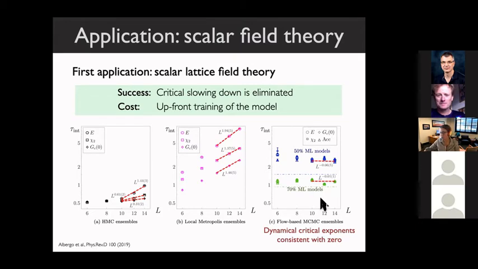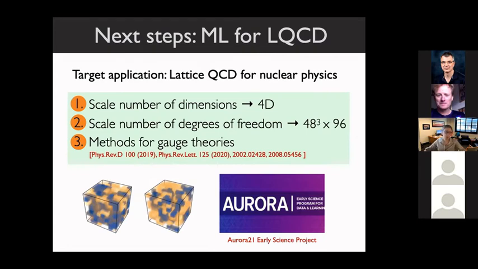So this is, of course, a nice idea of bringing some of these machine learning approaches that work for image generation to lattice field theory. But to really apply it to lattice field theory at scale, you need a number of new innovations. You have to scale the number of dimensions and the number of degrees of freedom very large. But more importantly, you also need to develop methods for gauge theories.